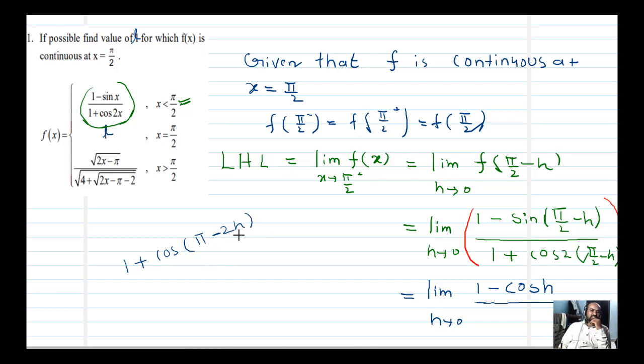Pi minus theta is in the second quadrant, where cos is negative, so I will write minus, and it is cos 2h as it is. So what I will get is 1 minus cos 2h.